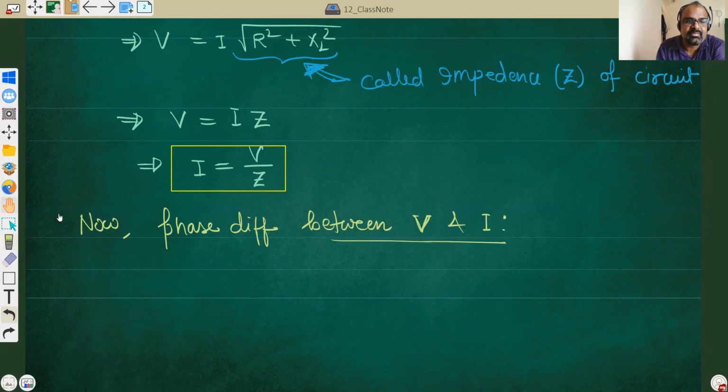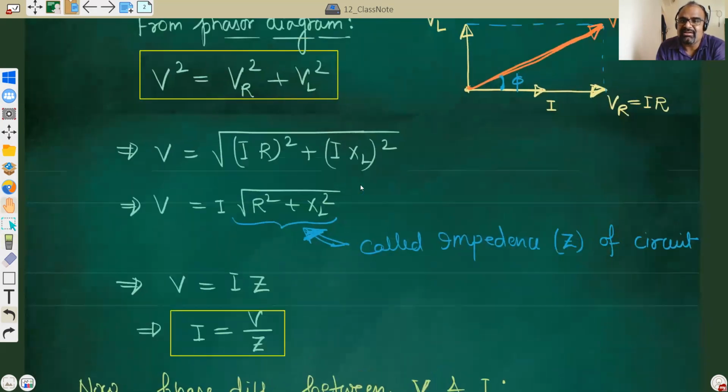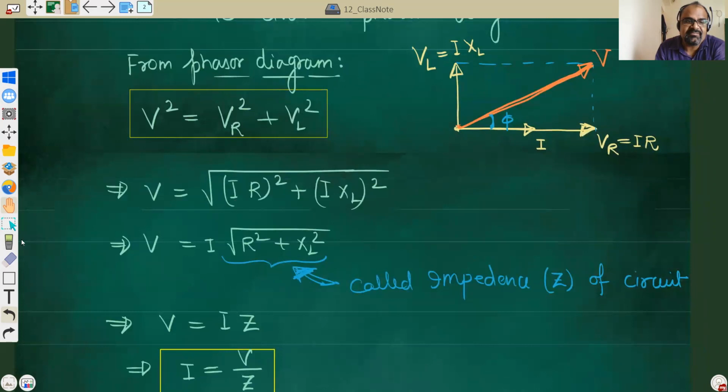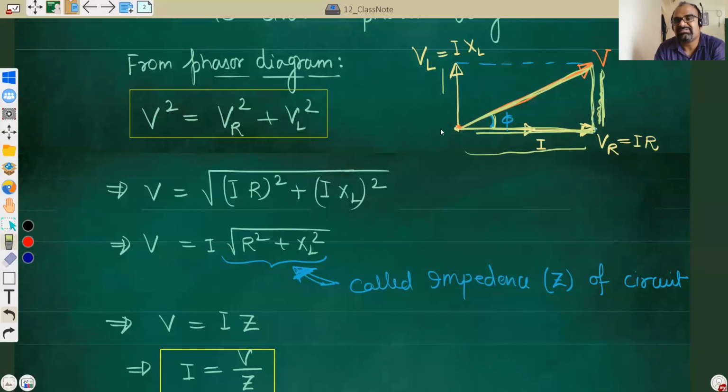So in this triangle, what will tan phi be equal to? In this triangle, tan of phi will be equal to this by this. Now this is the same as this, which is VL, and this is VR.